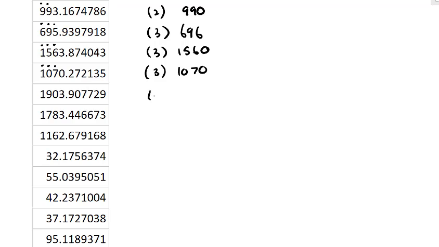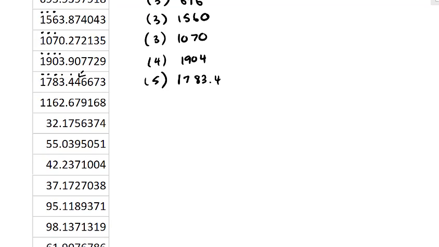Let's do this one to 4 significant figures, 1, 2, 3, 4, round based on this one, so the answer is 1904. Okay, let's do this one to 5 significant figures, 1, 2, 3, 4, 5. It's going to round down on this one, so 1783.4.